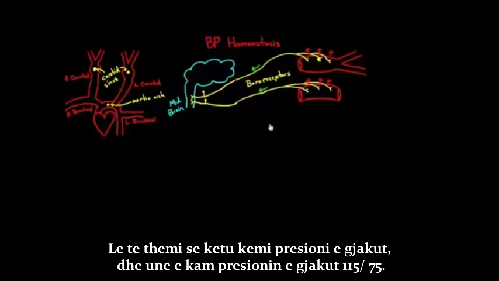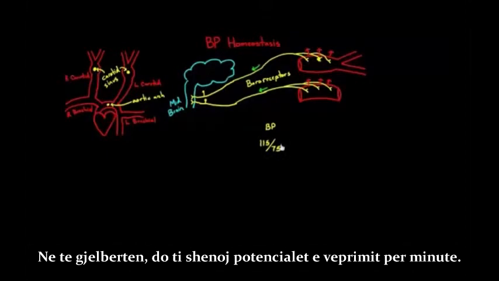So let's say we have blood pressure here, and let's say I have my blood pressure of 115/75. And in green, I'll write action potentials per minute.